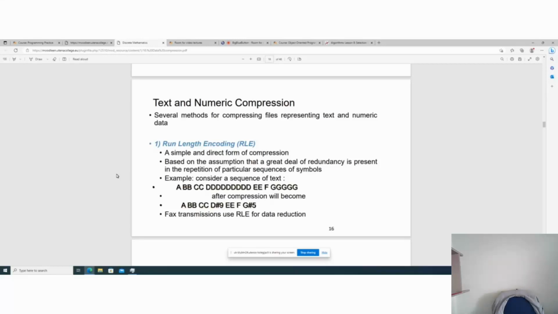Yeah, this is Python specific, especially this part.